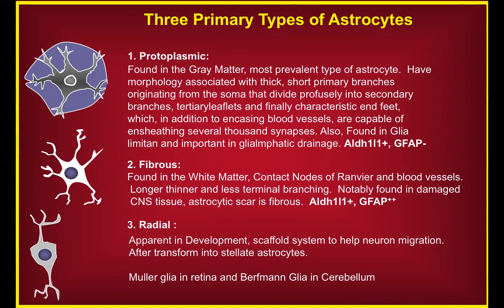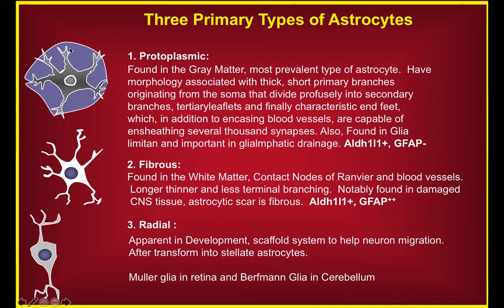So the first one is these protoplasmic astrocytes. Now these are all hand drawings by me, so you can yell at me if you'd like to. If you were to label astrocytes in the hippocampus, you would just see a star. Astro means star. So you see these really star-shaped, but they're really not star-shaped.